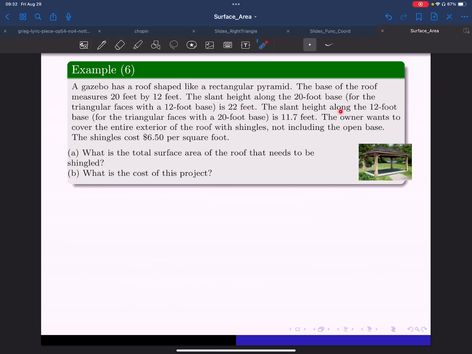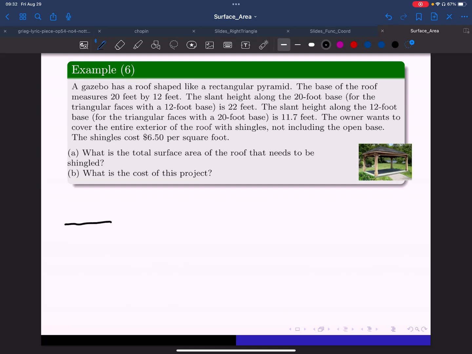The slant height along the 12-foot base, for the triangular surface with a 20-foot base, is 17. The owner wants to cover the entire exterior of the roof with shingles, not including the open base. The shingles cost $6.50 per square foot. What is the surface area and what is the cost of the project?